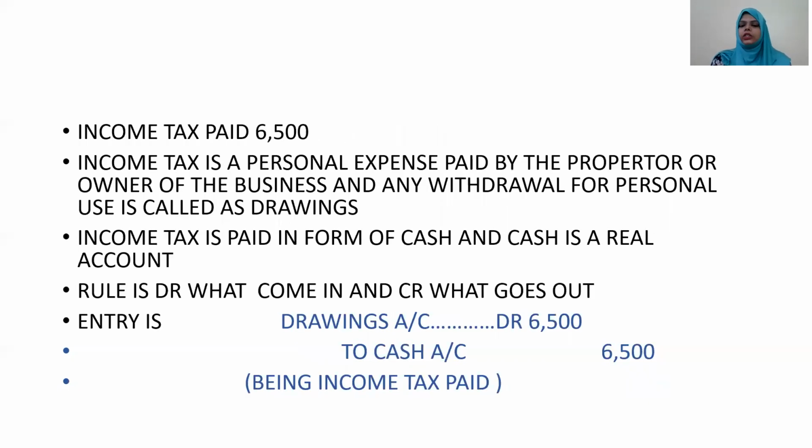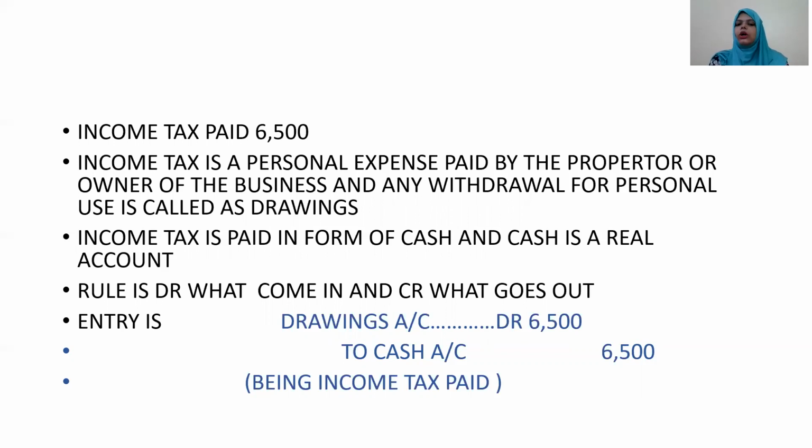Coming to your last transaction, that is income tax paid, rupees 6,500. Now, income tax is also a personal expense paid by the proprietor or the owner of the business, and any withdrawal for personal use is termed as drawings. So income tax is paid in the form of cash, and cash is a real account.